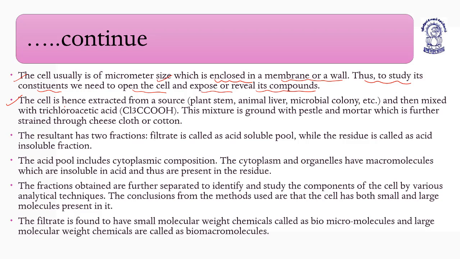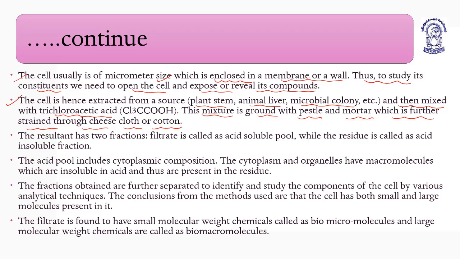The cell is extracted from the source, like plant stem, animal liver, or microbial colony, and then mixed with trichloroacetic acid, which gives a cryogenic treatment. This mixture is ground with pestle and mortar, which is further strained through cheesecloth or cotton.